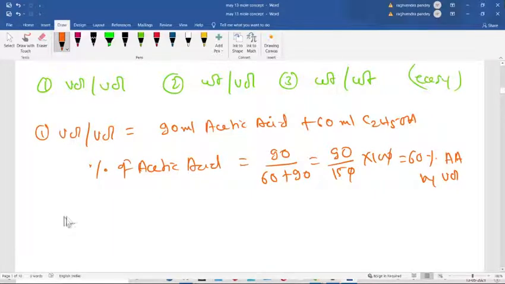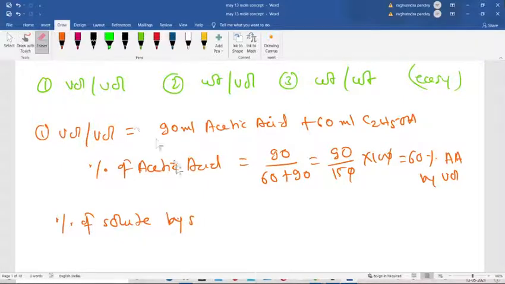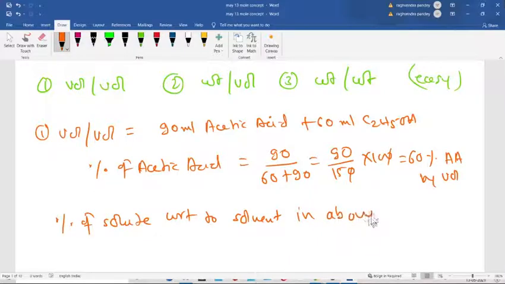Sometimes, to test the understanding of the student, they ask the percentage of solute with respect to solvent, not by solution but with respect to solvent, in the above solution. So again the concept of percent will come. Now they are asking about solute, and whichever is less is the solute.